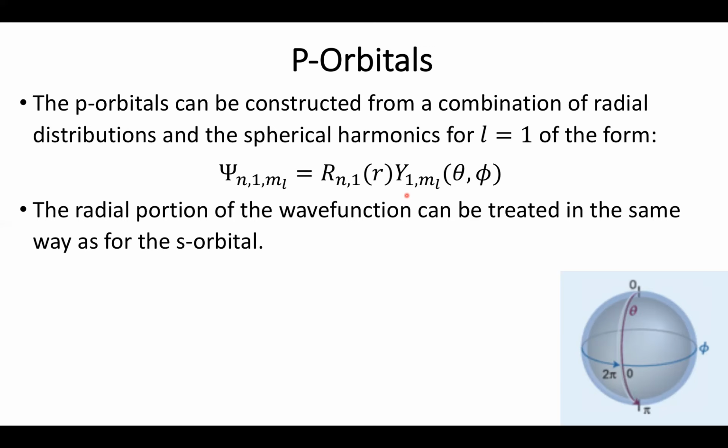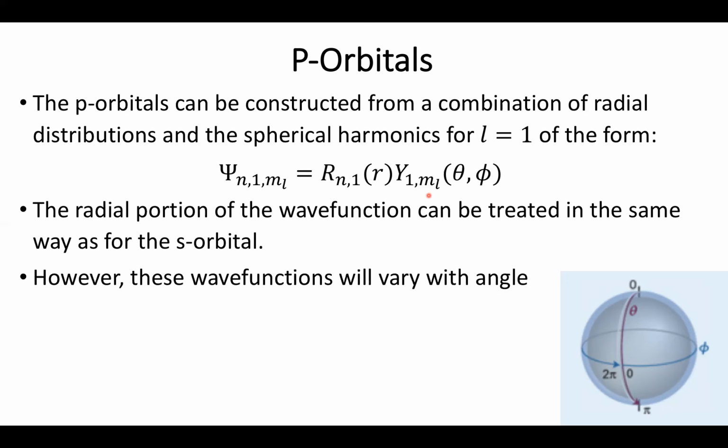One of the biggest things to watch out for with our spherical harmonics is that when I had an L of 0, I only had one possible M sub L, 0. Here, I've got three different M sub L's to deal with: 0, 1, and -1. Each one of these will have a slightly different dependence upon the angle of the system, and thus slightly different shapes.